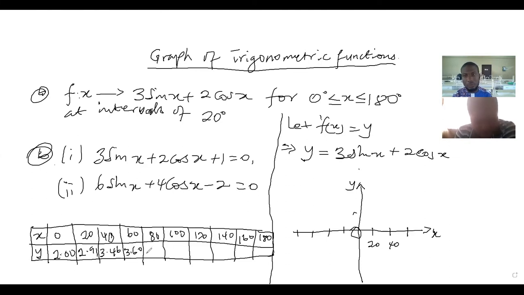And then 3 sine 80 plus 2 cos 80, I had 3.30. And then 3 sine 100 plus 2 cos 100, I had 2.61.